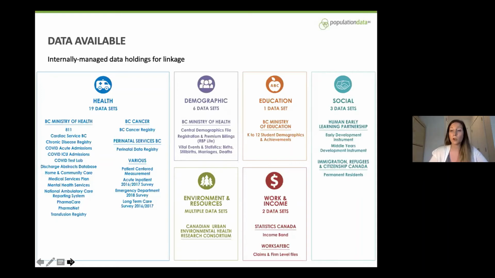We also have demographic data on British Columbians, education data, work and income, environment data, and social data. And at PopData, we're always working on liaising with other data stewards to bring new data into PopData to become an internally managed data holding to make it available to researchers.